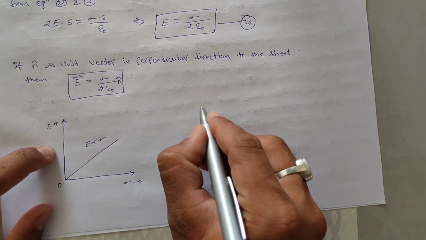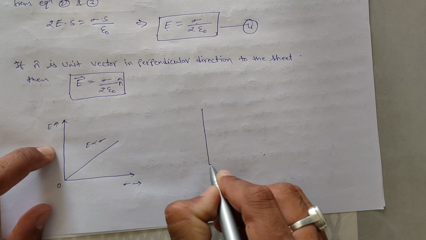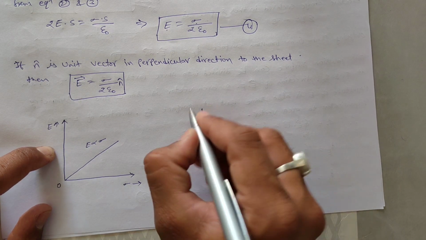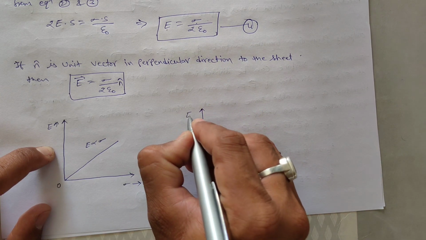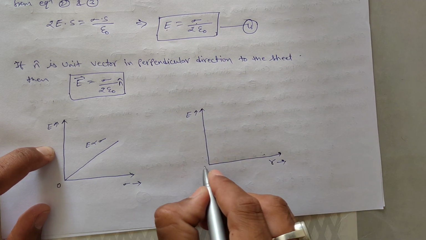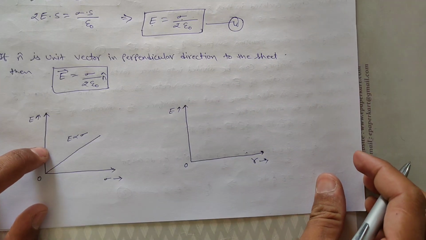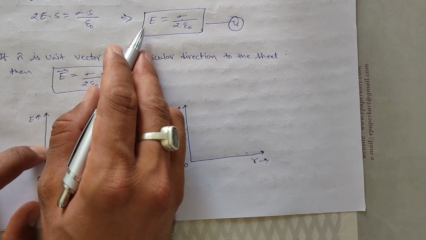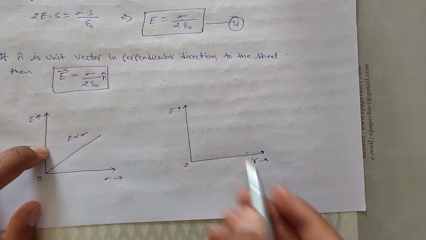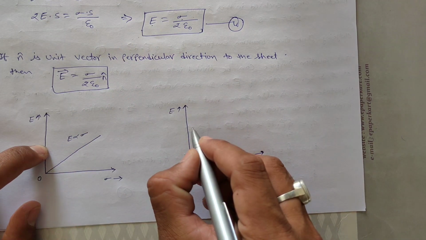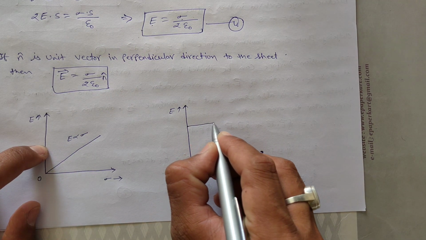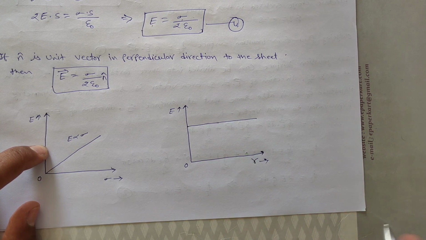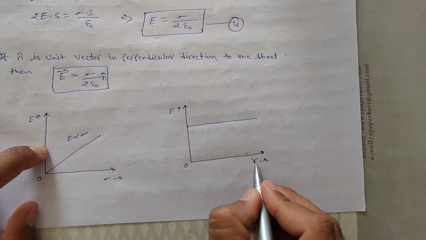And the graph between electric field intensity and distance, which distance? The distance between the observation point and the sheet. Here we see that the electric field intensity does not depend upon r, so the graph is a line parallel to this axis.